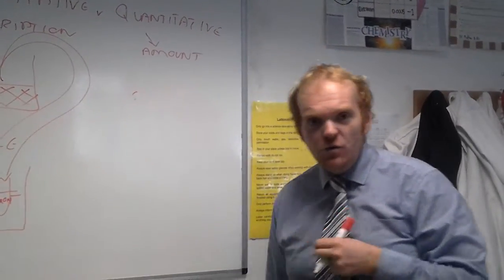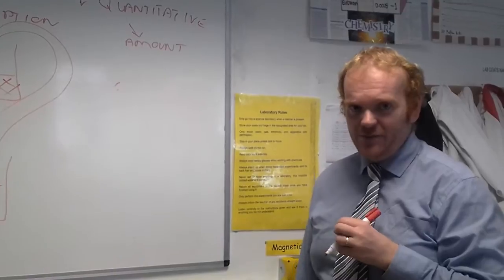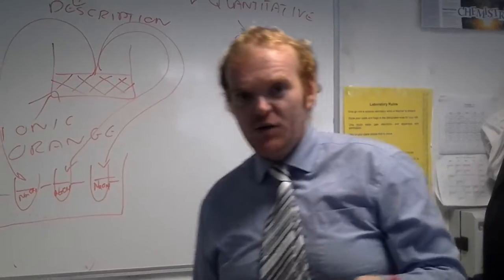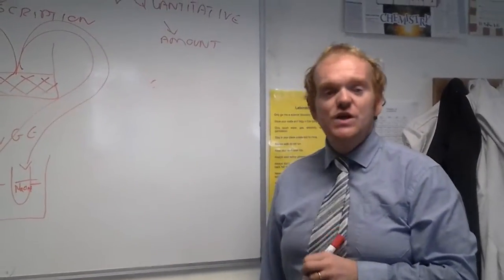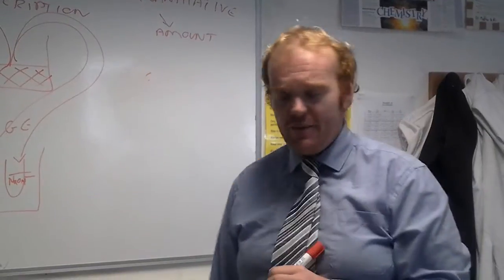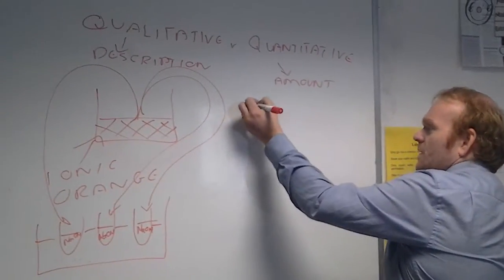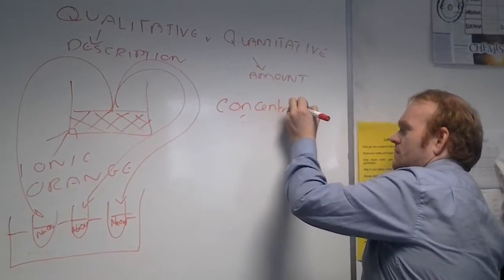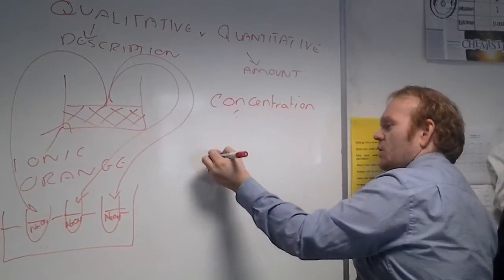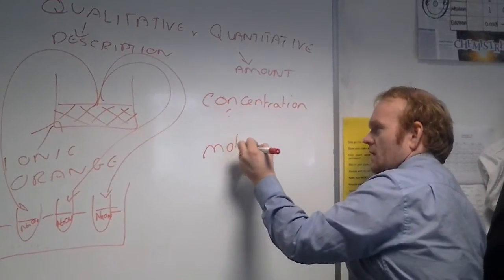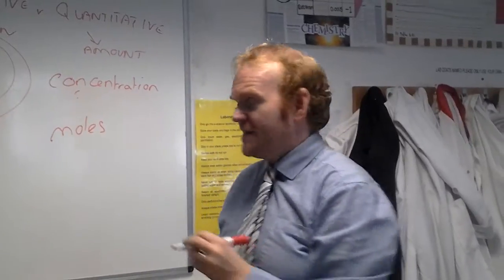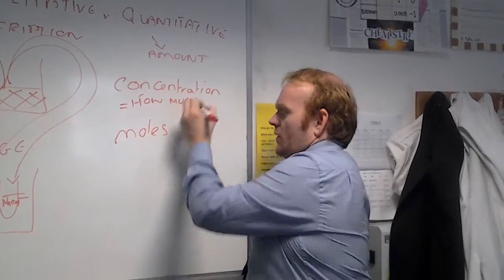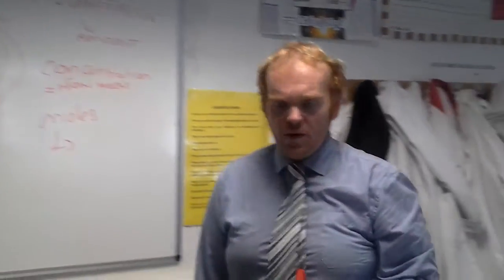Now, we're going to look at how much is there. Not only do we need to know, for example, that iron is there, but we need to know how much. There's an equation that you need to know, and some keywords that you need to be happy with. You need to know what concentration means and what moles means. Concentration basically means how much there is, and a mole is a particular number of particles.